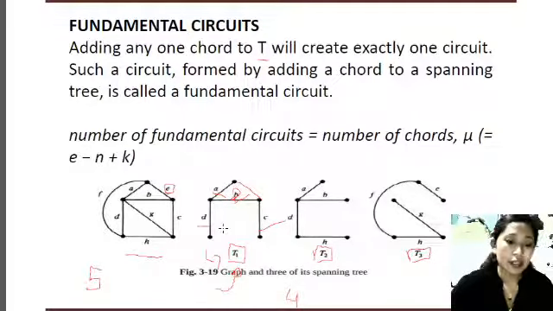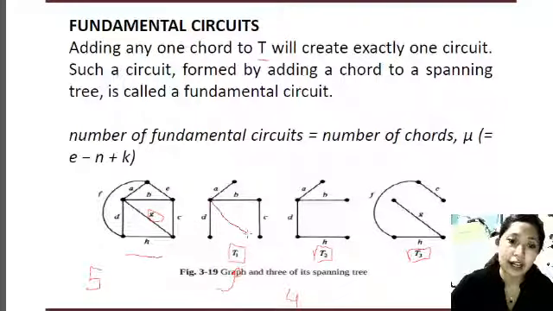Similarly, if you take another edge, that will be called a chord with respect to this spanning tree. Let us say this edge G: if you bring this edge G from the given graph and add it here, you will get one cycle. The previous cycle that you got was by adding the edge E. Similarly, if you bring this edge H and add it here, then you will get the third cycle.